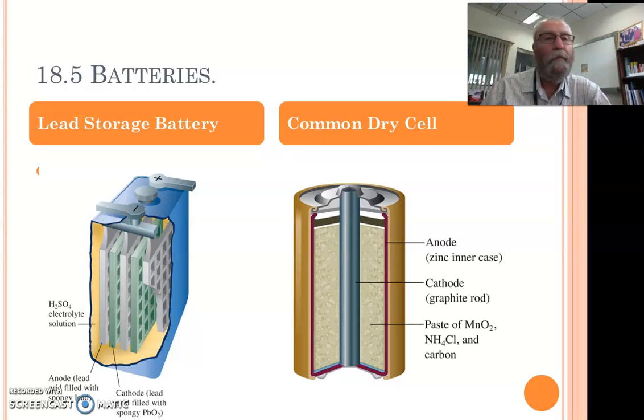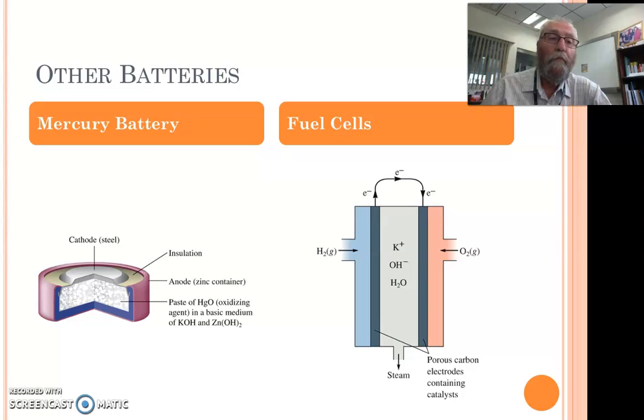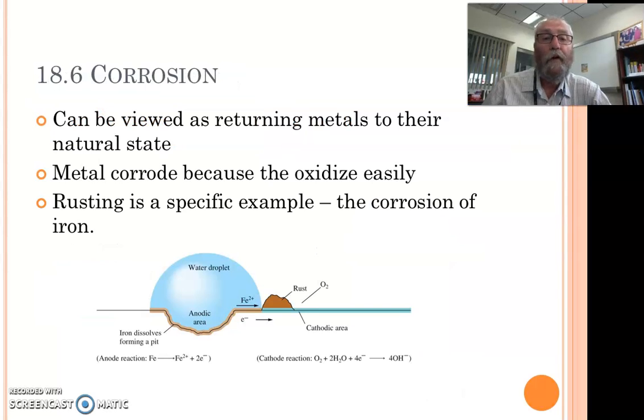There are some examples of two very common types of batteries, the lead storage battery you find in cars and the common dry cell. You've got mercury cells, which you've all come across, and fuel cells, which are becoming increasingly important. Corrosion.